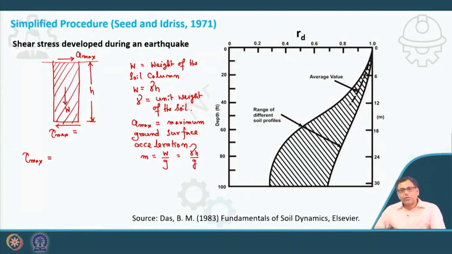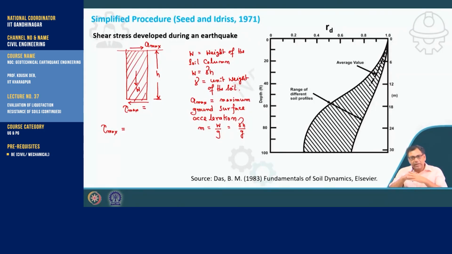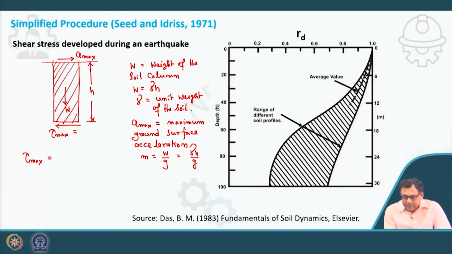Now this force or stress will be mass into acceleration. Mass is gamma H divided by g, and the acceleration is Amax. So it will be gamma H divided by g into Amax. Clear?